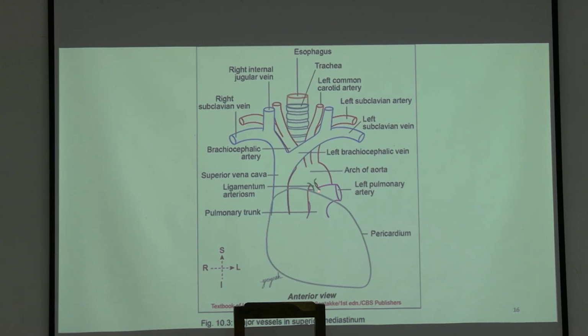Actually, in the embryonic period, this remains patent, but after birth, this becomes a ligament, which is called ligamentum arteriosum.